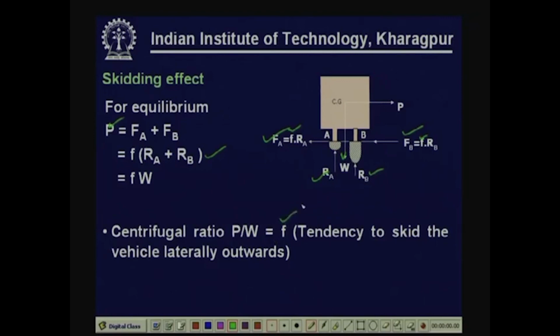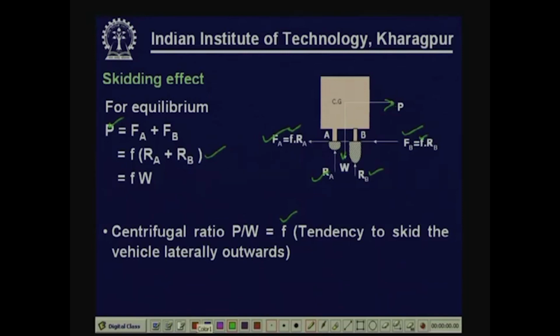So, if the impact factor or centrifugal ratio is more than the coefficient of friction f, then the vehicle will be skidding, because the centrifugal force will be more than the skidding resistance. So, the vehicle will laterally skid outward.